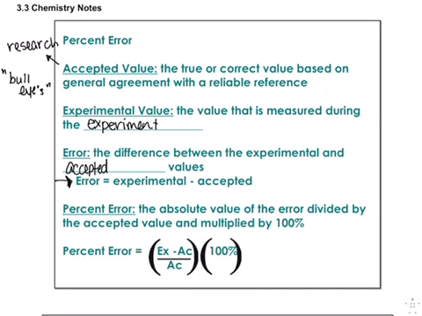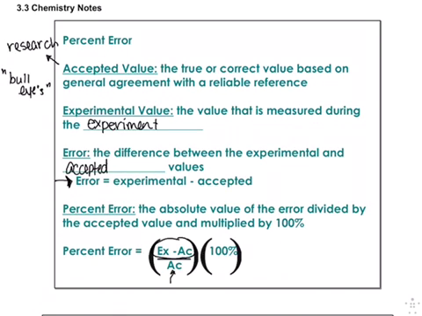More beneficial, however, is looking at the percent error. And this would be the absolute value of the error divided by the accepted value multiplied by 100%. So you pretty much take your error, divide it by your accepted value, and multiply it by 100 to get a percentage.